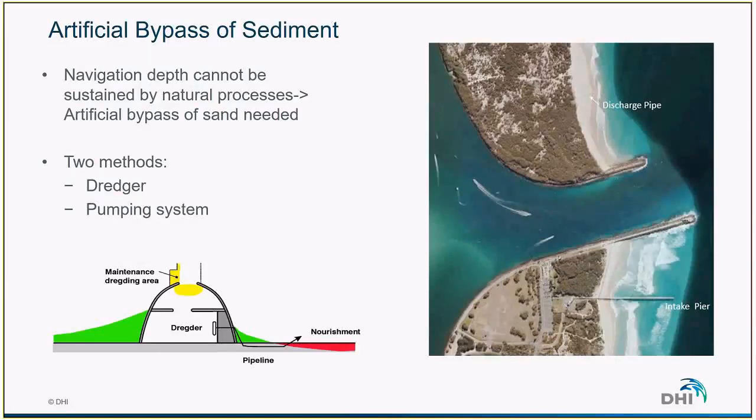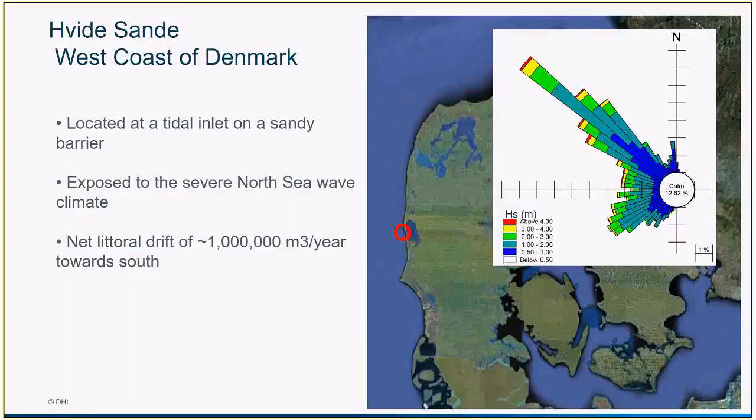And we can see on the southern part that there is a jetty that contains a lot of pumps, and these pumps dredge the sand. We can see that it's actually much deeper below the jetty, and all the sand that is pumped from this jetty is discharged on the northern side of the structure. So that's another way of bypassing the sediment that would be blocked by the structure.